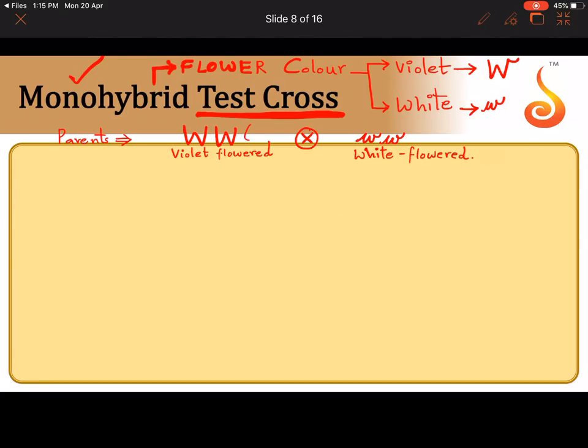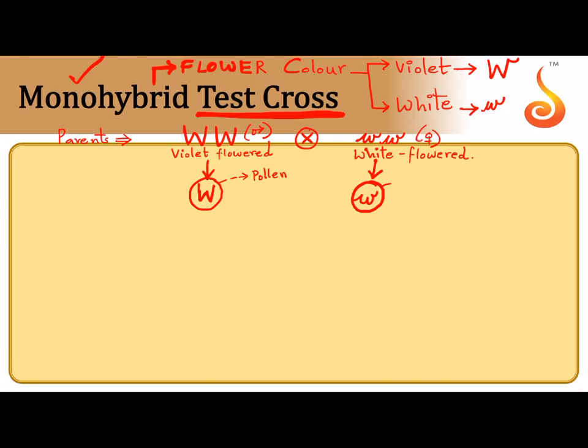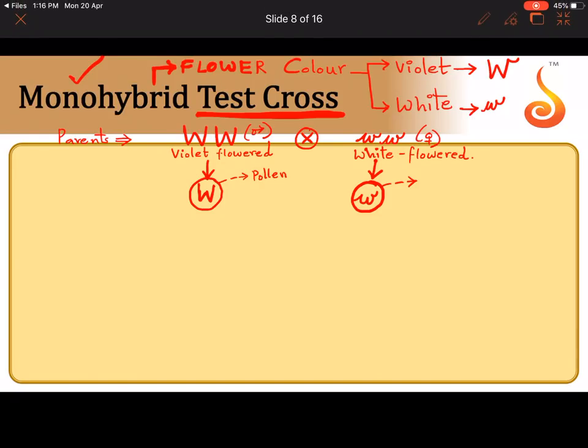So if you imagine this to be the male, you are cross-pollinating it again. The male plant will produce one type of pollen. All the pollen will have capital W in them. The pistil will produce, the ovule will produce eggs which have small w in them. So this is the pollen, and this is egg. I'm short-cutting it, but when you write it in the exam, you have to write everything I showed you in the scheme, genotype, gametogenesis, everything.